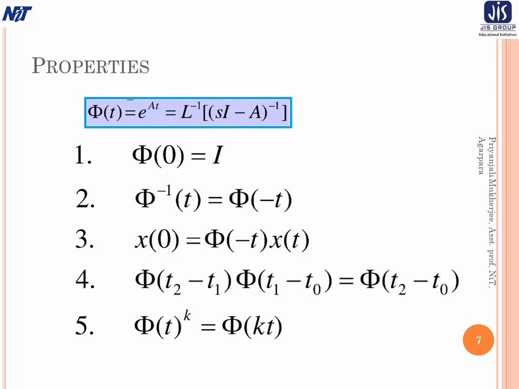So the process can be divided from t0 to t1 and t1 to t2, and in general into any number of parts. So we can write phi of t3 minus t2 into phi of t2 minus t1 into phi of t1 minus t0, which can be written as phi of t3 minus t0 also.